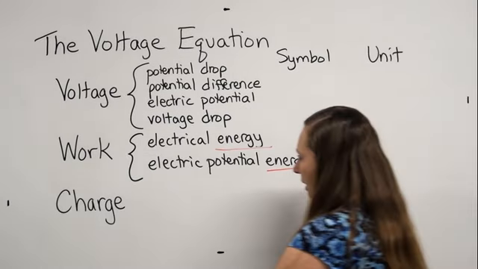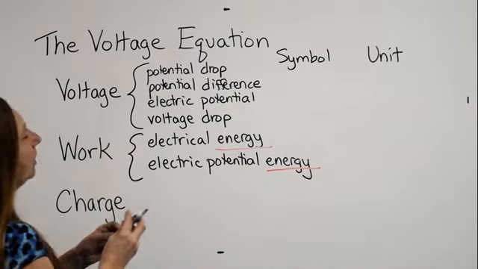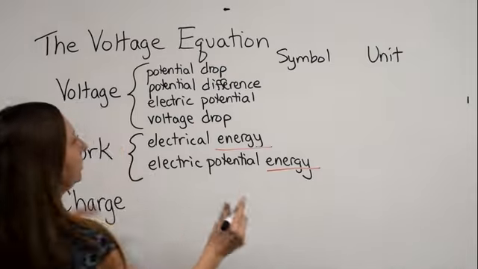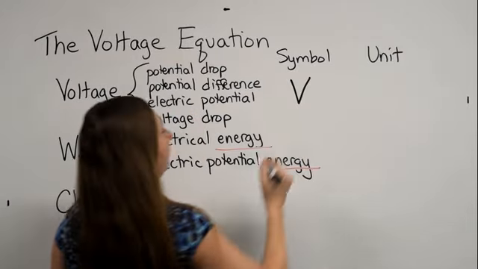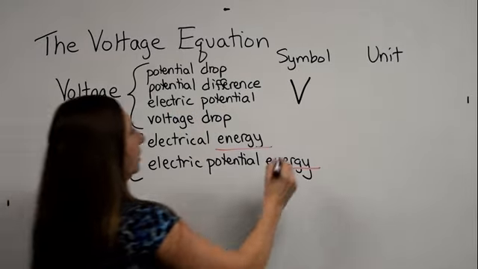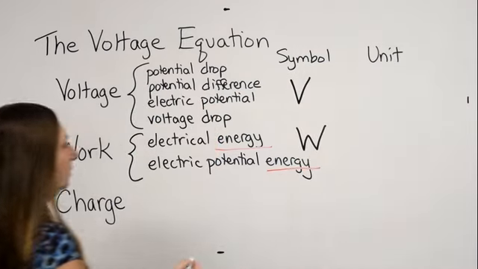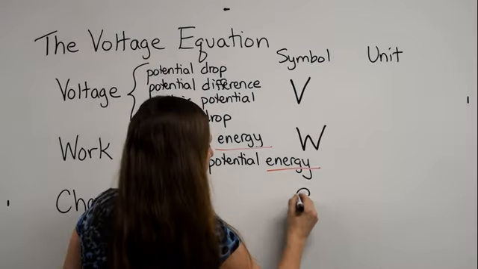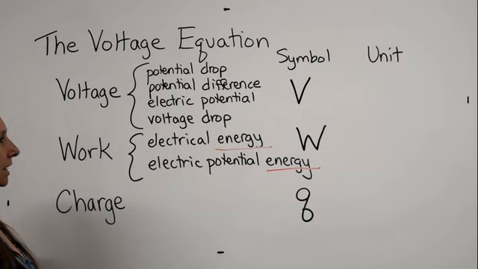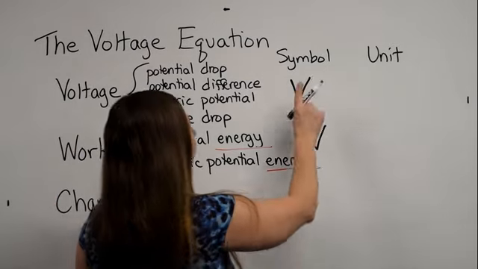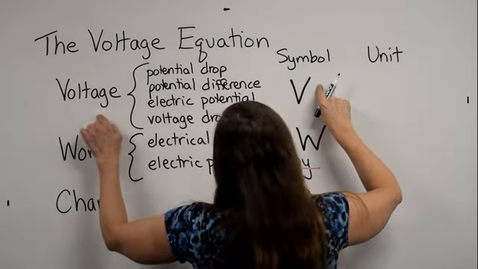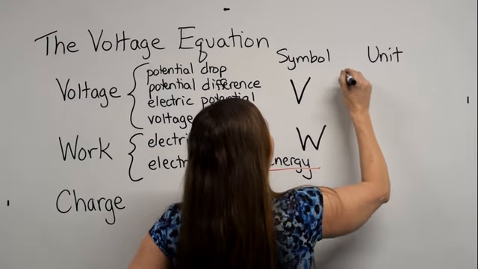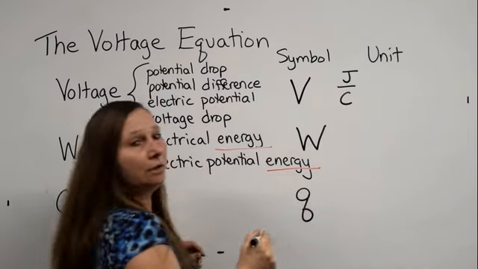All right, so charge. The symbols. The symbol for voltage is V. The symbol for work is W. The symbol for charge is Q, a lowercase q. The unit for voltage is the joule per coulomb.